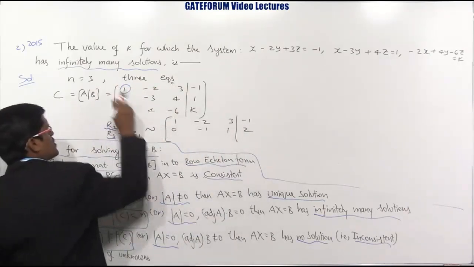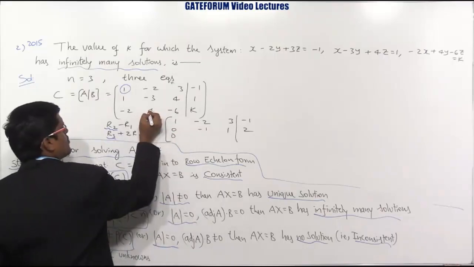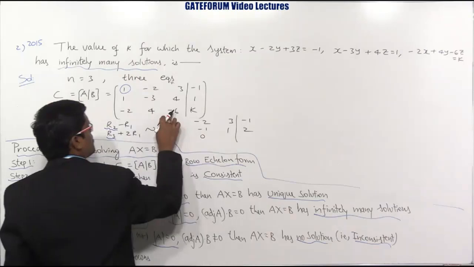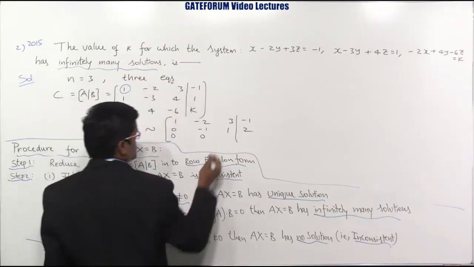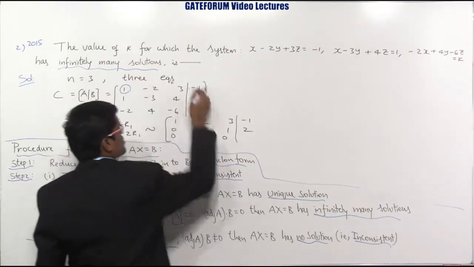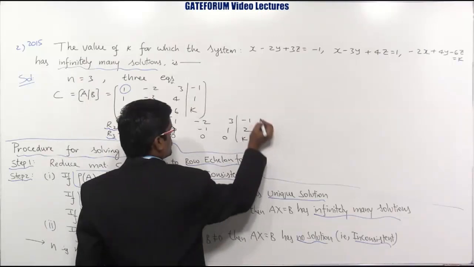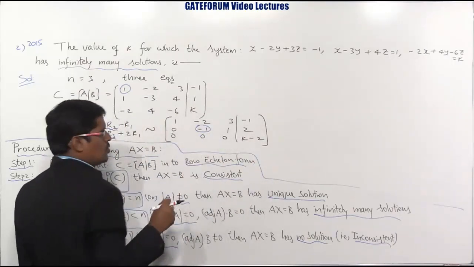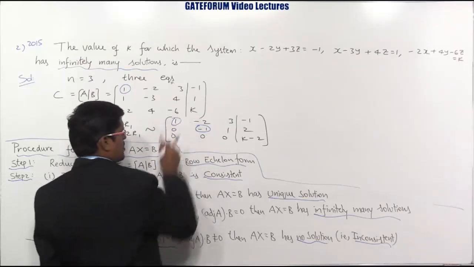Next, minus 2 plus 2 into 1, 0. This is 4. 4 plus 2 into minus 2, 4 minus 4, 0. Minus 6 plus 2 into 3, minus 6 plus 6, 0. k plus 2 into minus 1, this is k minus 2. Okay. Now, this is the next non-zero element in the second row. This is the first non-zero element in the first row.